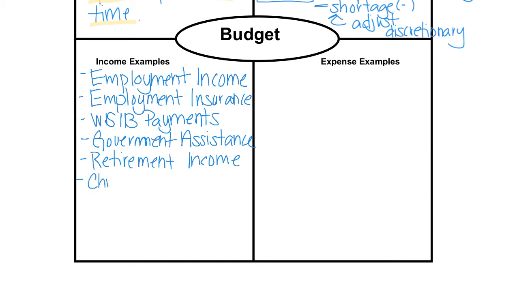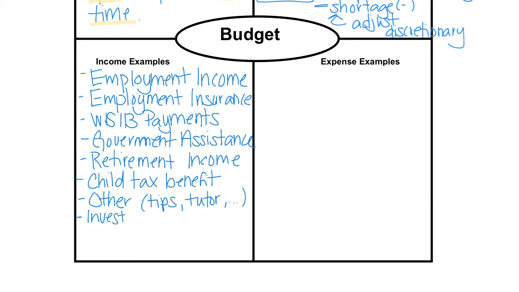Child tax benefit. So I have 2 children and I receive a child tax benefit from the government. Sometimes we have other income. I'll just write down other. Maybe you get tips at your job. Maybe you tutor on the side. Maybe you mow lawns, that kind of thing.